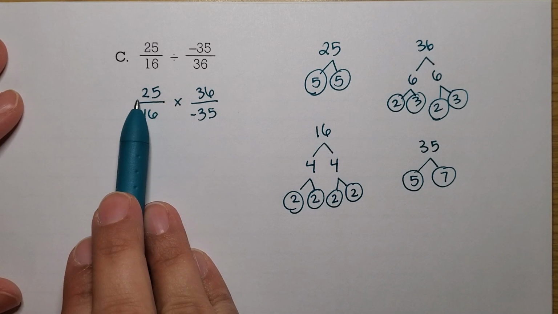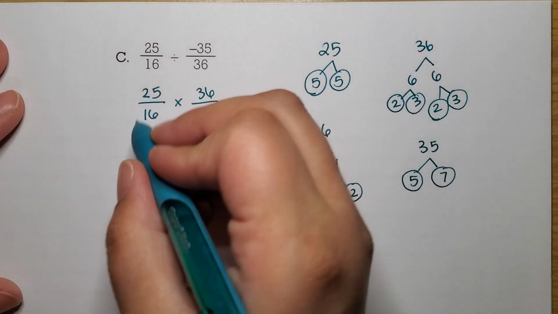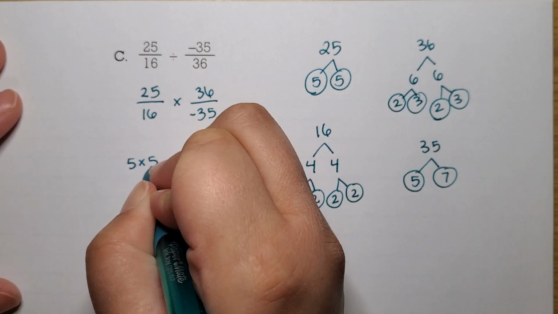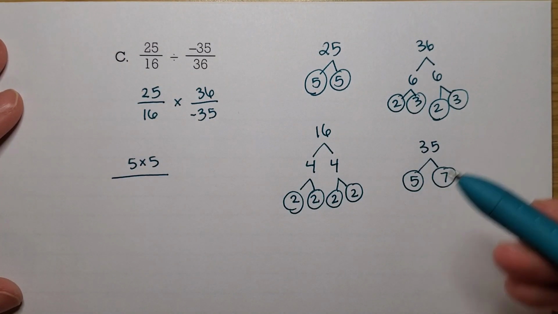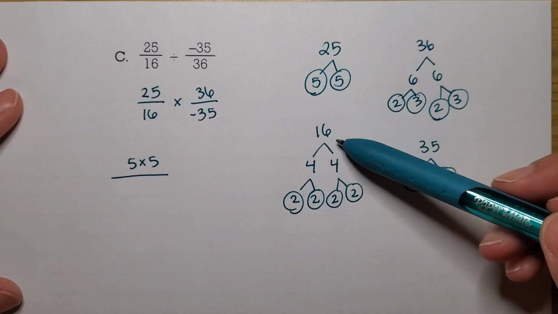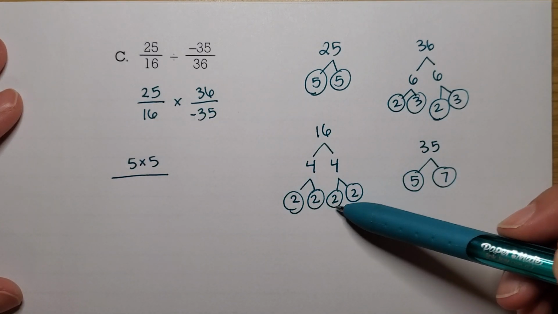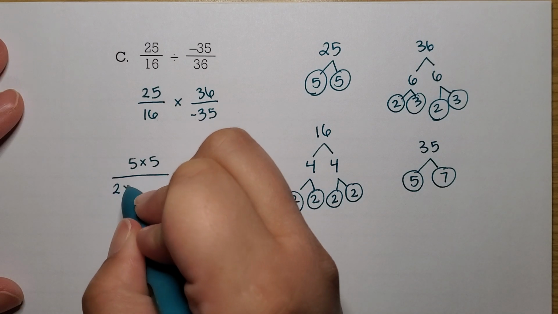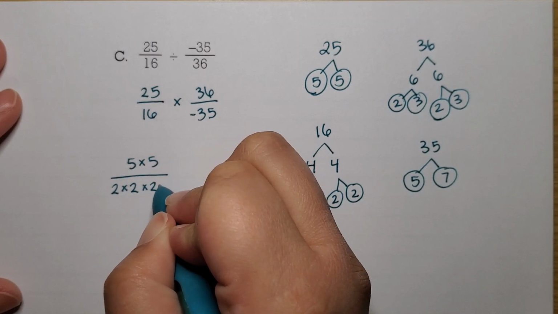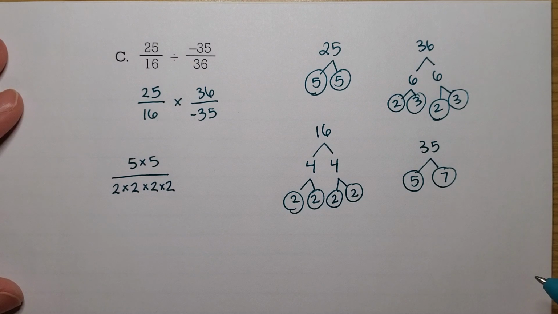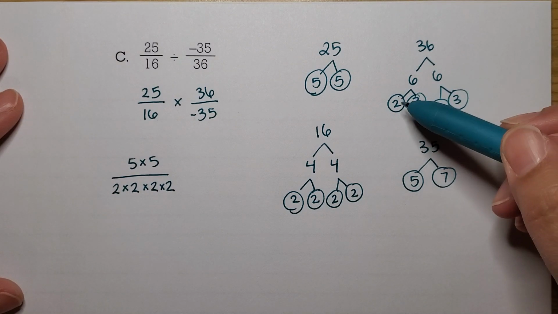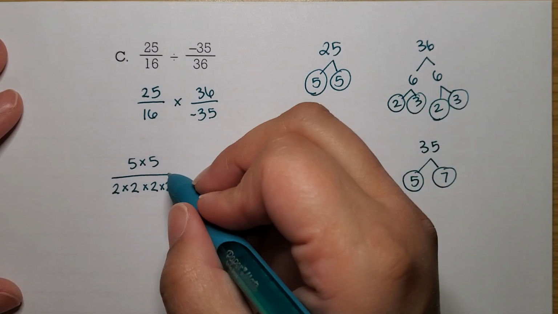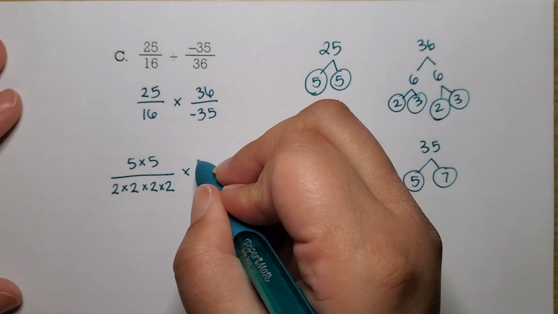So I'm going to rewrite 25 as 5 times 5. And 16, that was the denominator, I'm going to rewrite as 2 times 2 times 2 times 2. 36 is 2 times 3 times 2 times 3, or any order, it doesn't matter.